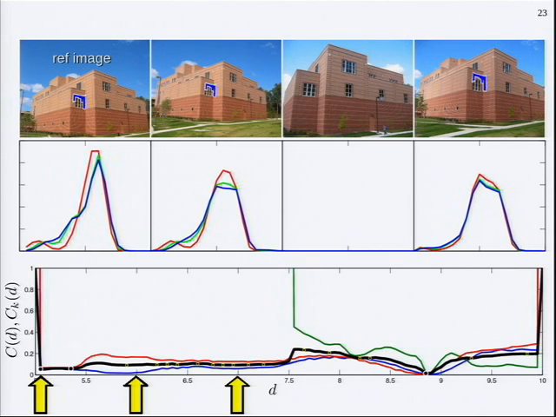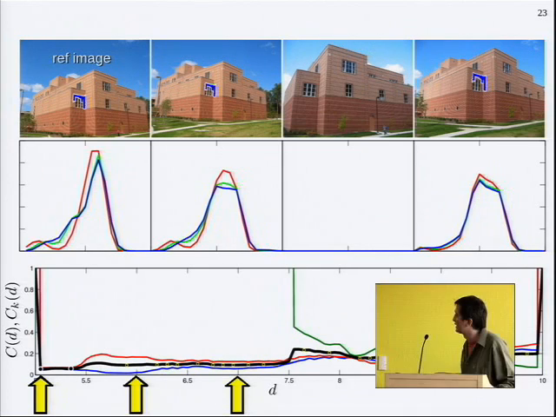In this graph, all the thin curves correspond to these partial measurements, the similarities between particular histograms and the histogram computed over the reference superpixel, and the composite photoconsistency measure is depicted here as a black bold curve.